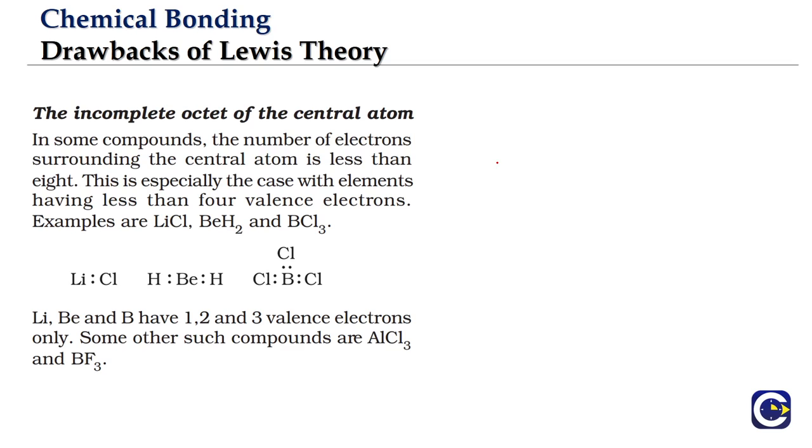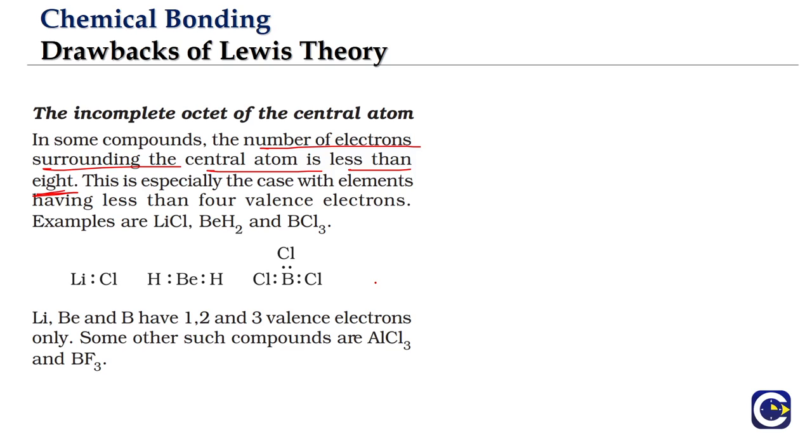First, when we look at the idea of chemical bonding as per the Lewis theory, it is basically the achievement of the octet. But in some molecules, even after the formation of the bond, the central atom will have less than an octet, which means if you count the total number of electrons surrounding the central atom, it will still be less than 8.